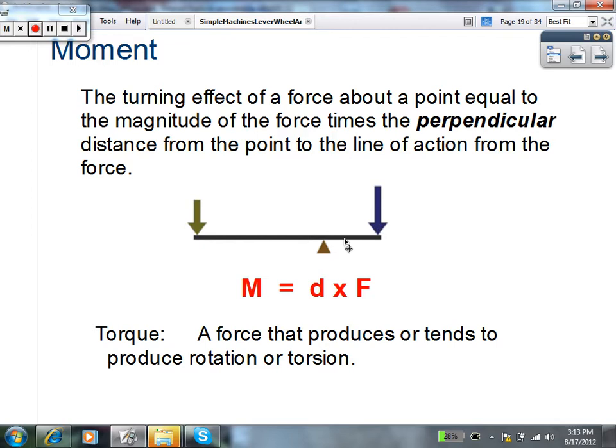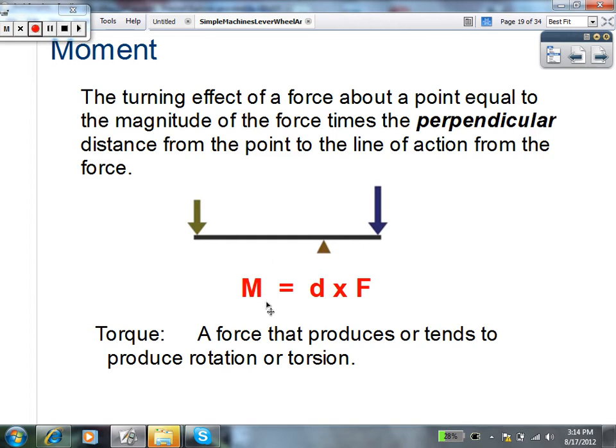If you think about this being the pivot point, we're going to be rotating about this point. As the resistance force pushes down, it's going to want to cause us to rotate in a clockwise manner. The effort force is applied to keep this from moving, and it will cause us to want to rotate in a counterclockwise manner.